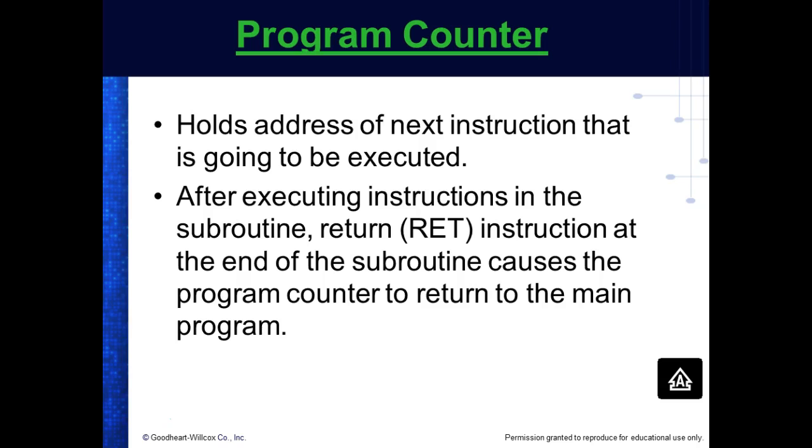After executing instructions in the subroutine, a return instruction at the end of the subroutine causes the program counter to return to the main program. And these guys are really, really good. Saves you a lot of headaches, splits your program up instead of going in and trying to figure out. So the robot we have over there that's operating the Amatrol line, that program is pretty long. Right, you understand? So what did they do?